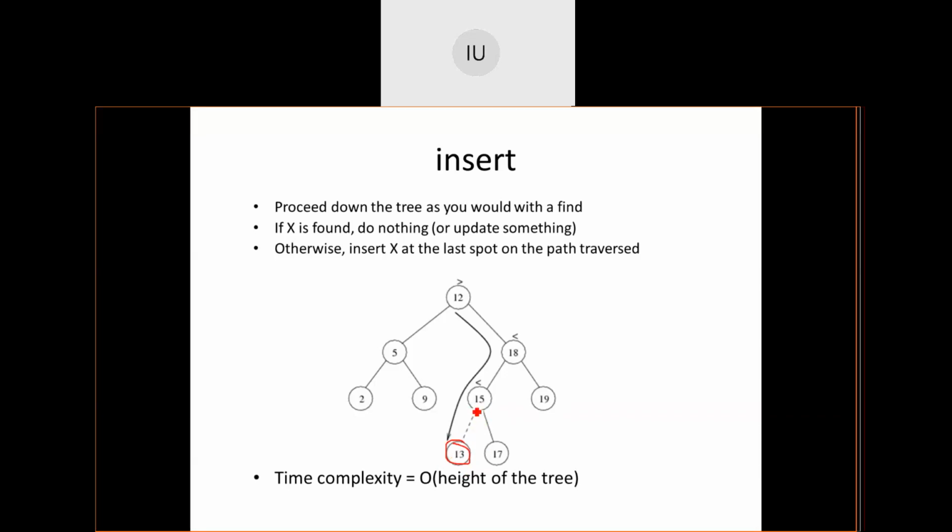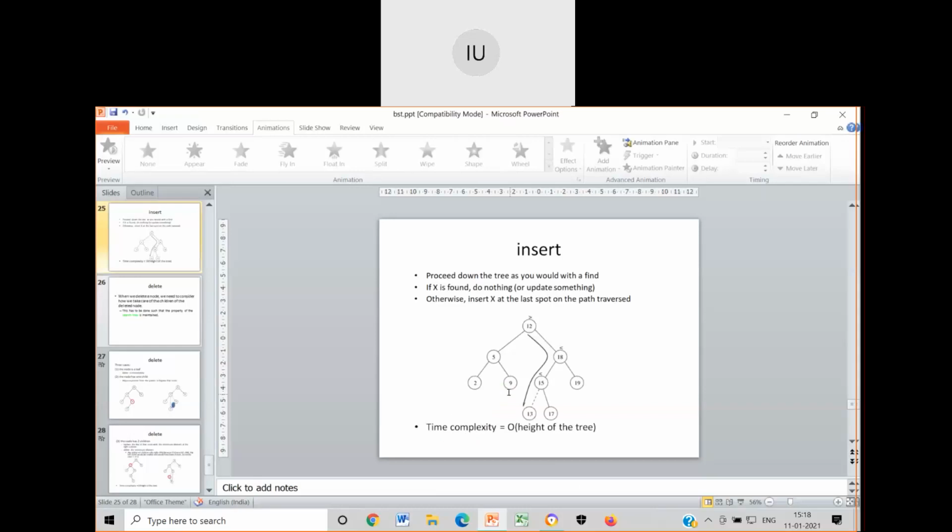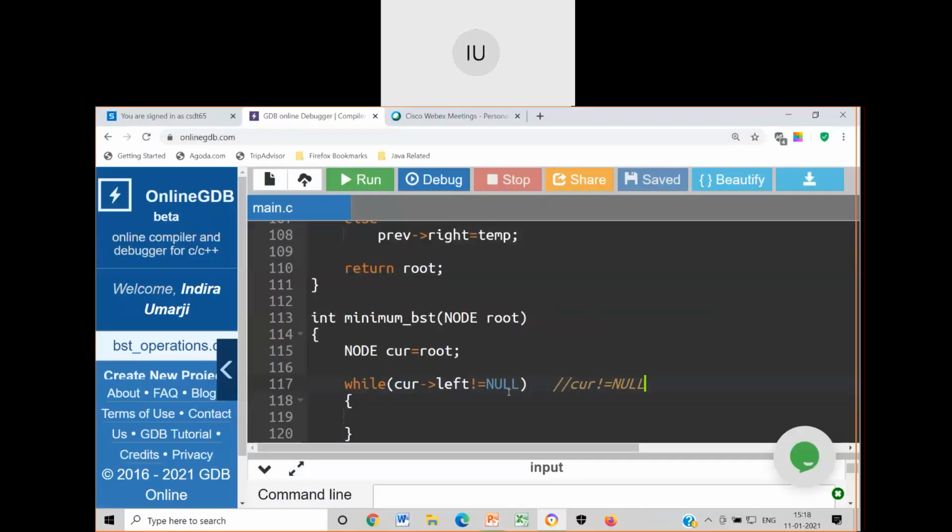But if I write current arrow left not equal to null, imagine current is here, it means it will stop at this point. This is how they are different. Now when I write current arrow left not equal to null, it will stop at the last node on the leftmost subtree.